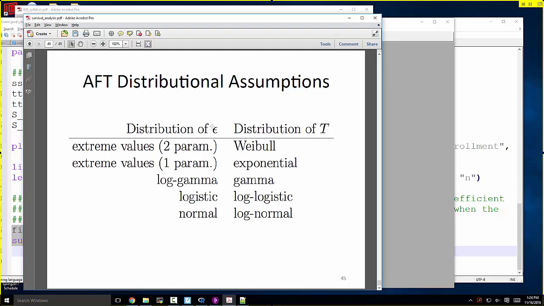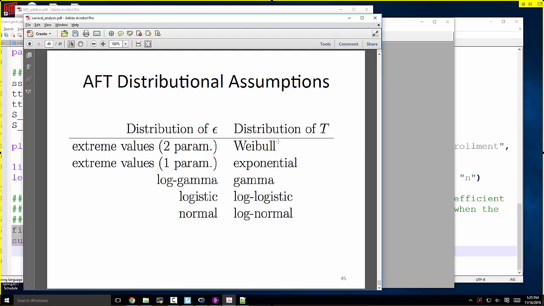That's just by nature of the model. And these are common choices. So Weibull is often used for survival times, exponential, gamma, log logistic, log normal. These are all distributions that can't be negative, but they can be any positive number, which makes sense for survival times. Can't have negative survival times.